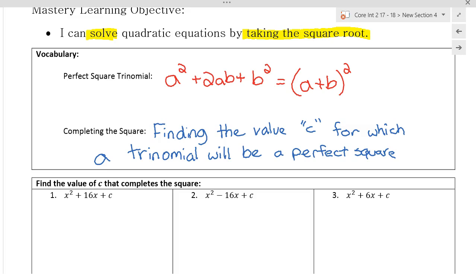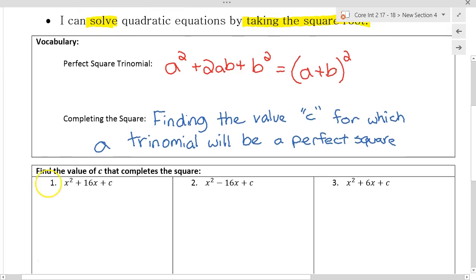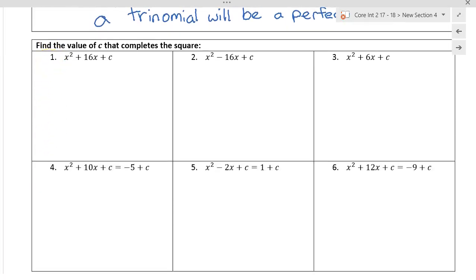So it's just finding that c value. Let's look at some examples. It says find the value of c that completes the square.